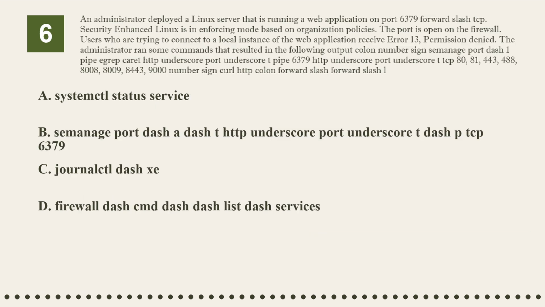Question 6. An administrator deployed a Linux server that is running a web application on port 6379/TCP. Security Enhanced Linux is in enforcing mode based on organization policies. The port is open on the firewall. Users who are trying to connect to a local instance of the web application receive error 13, permission denied.